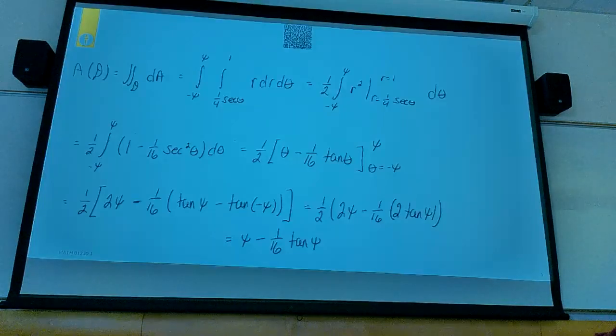Right here. Tangent is odd. Should probably spell out tangent, huh?